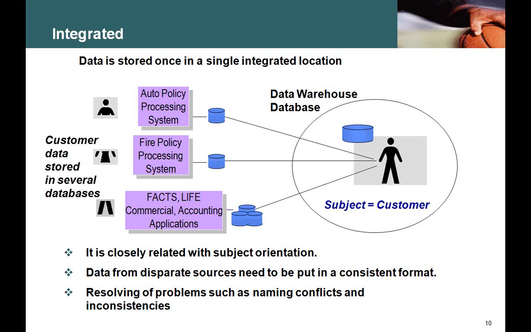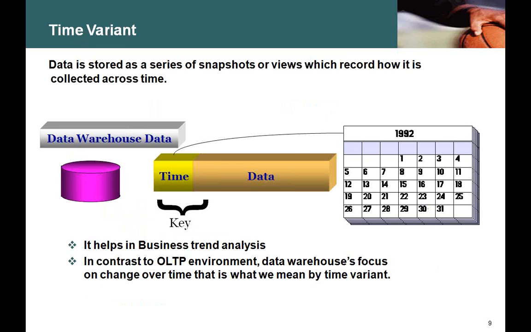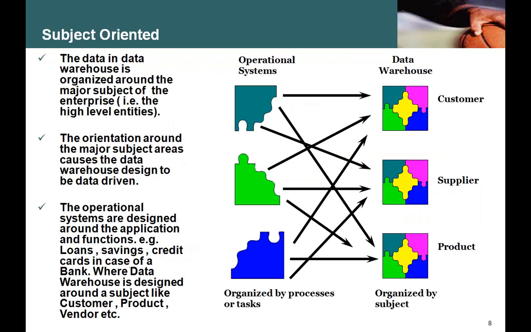Integration is said to be closely related to subject orientation, where we discussed a similar thing. Even though you have information in different systems, we are trying to put it together under one subject, all the relevant subject information.